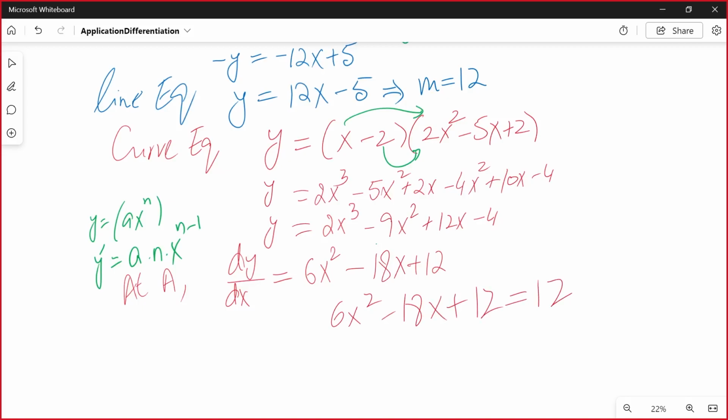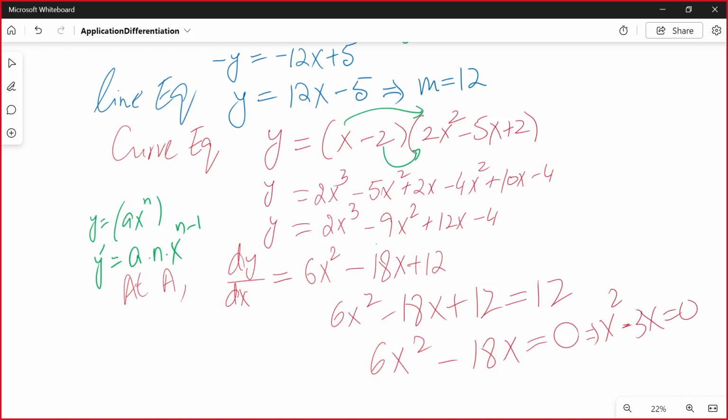Can you help me reduce this? So 6x squared minus 18x is equal to 0. Now we can even reduce this further. It is divisible by 6, so x squared minus 3x is equal to 0.